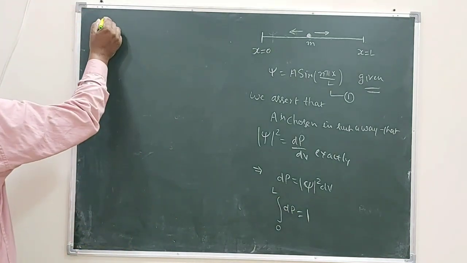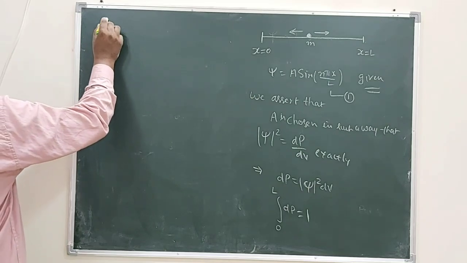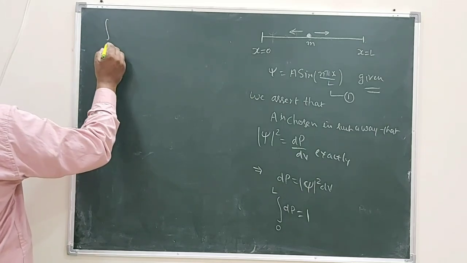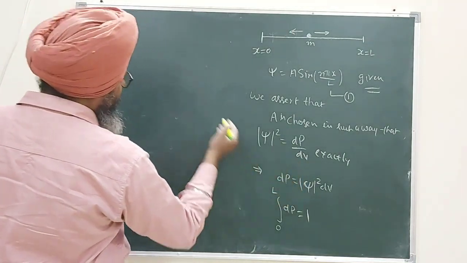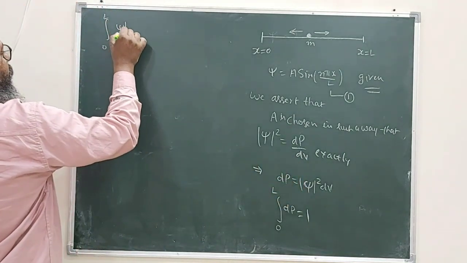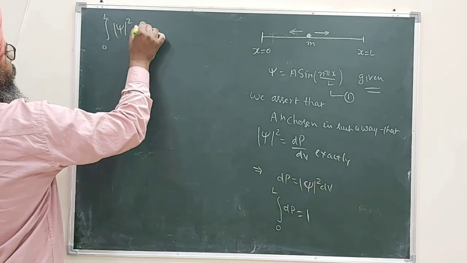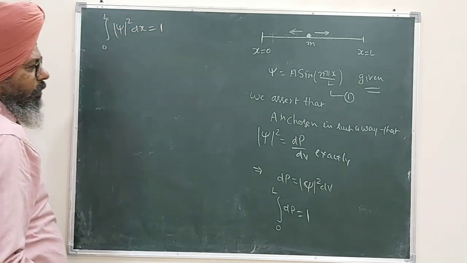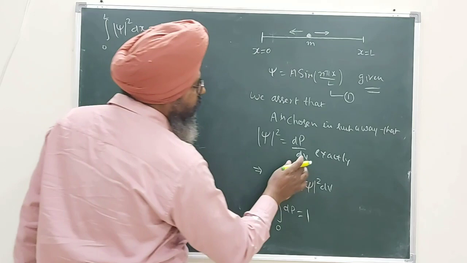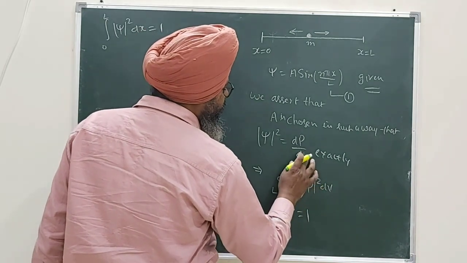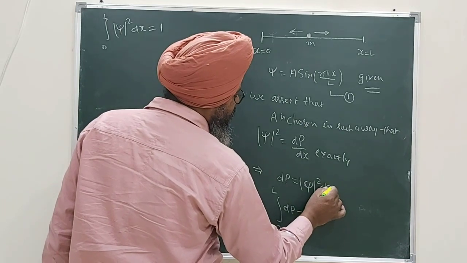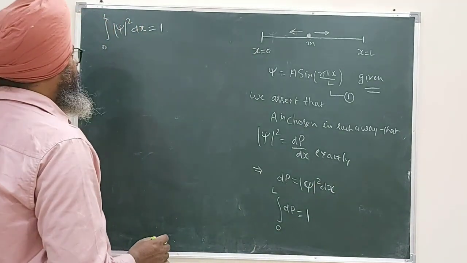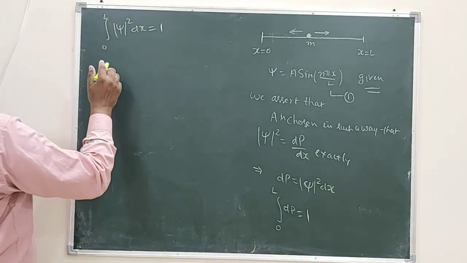Okay, let us now do this integration. The value of dp is psi magnitude square dx, and that is equal to 1. Sorry, I wrote dv by mistake. Actually it should have been dp upon dx, because this is a one-dimensional problem. So this is equal to 1.